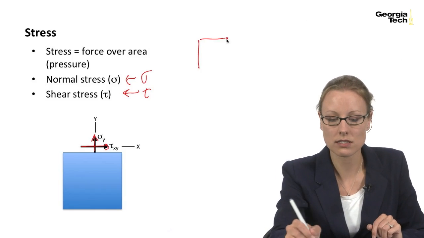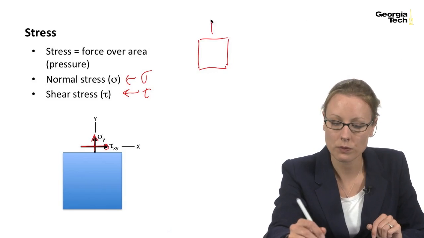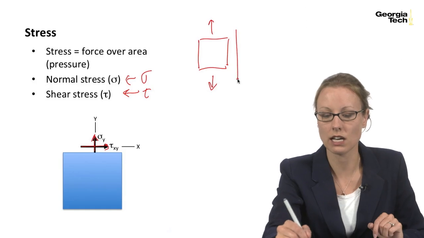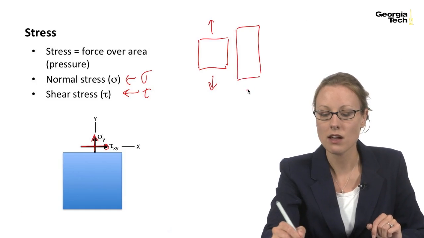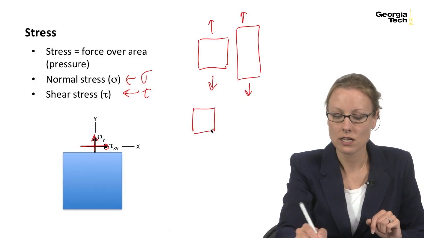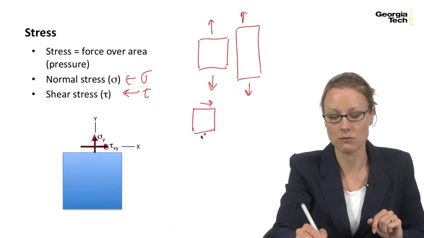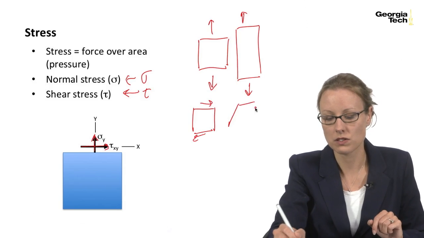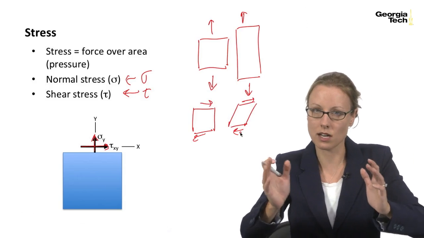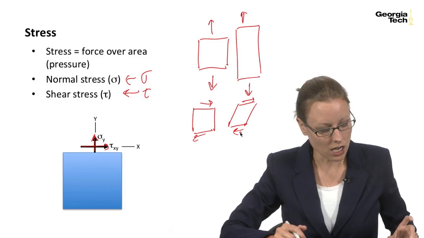Classically, normal stresses are found in an axial load, and you can think of them as stretching the object. And shear stresses kind of distort the object. So you can see how the shear stresses cause the object to shift.